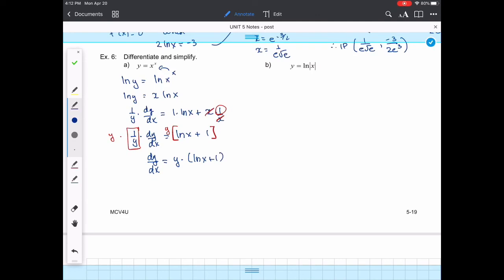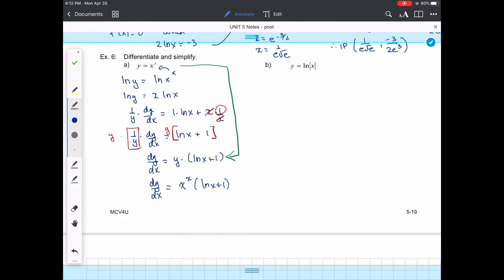But we know that over here, y is equal to x to the exponent x. So I'm going to replace it. So our derivative, dy dx, is equal to x to the exponent x times the ln of x plus 1. And that's our final answer.